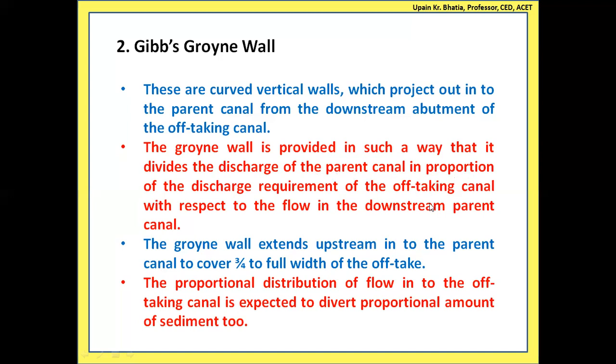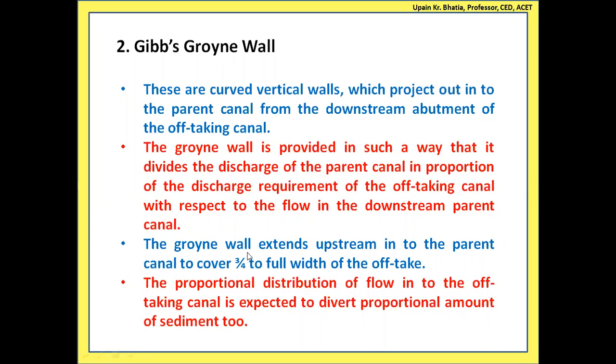Whatever the proportion of division, the length of the groin wall is provided accordingly. This groin wall divides the oncoming flow into two components. So it performs a similar function to the divide wall, but it is not provided along the flow, rather it is provided perpendicular to the flow. You will see the diagram after this slide.